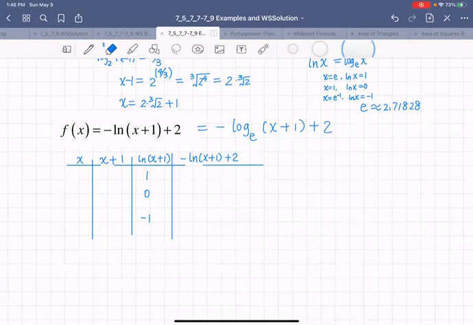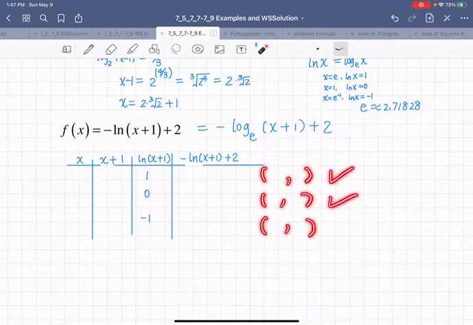I need everybody to type in your answers for the 3 points. For example, based on this point, you tell me x equals how much and this y value equals how much. So I need you to give me the 3 points' coordinates and text me in the message. Start now.